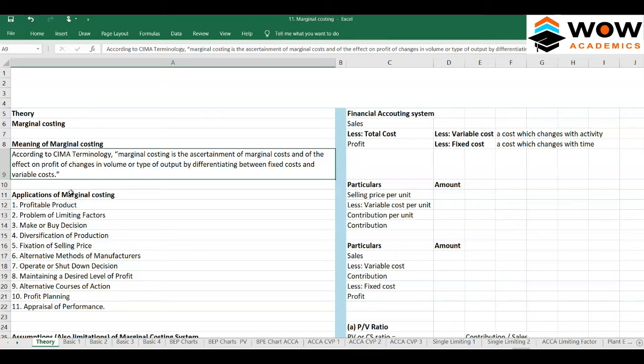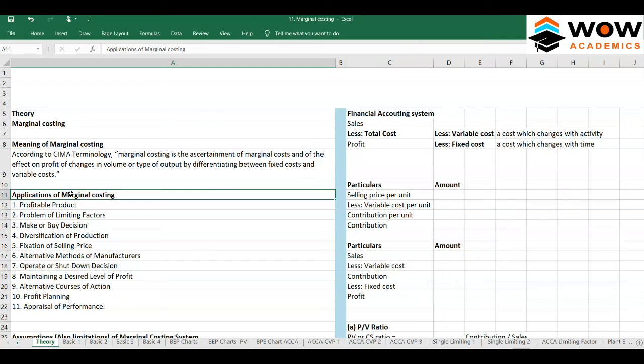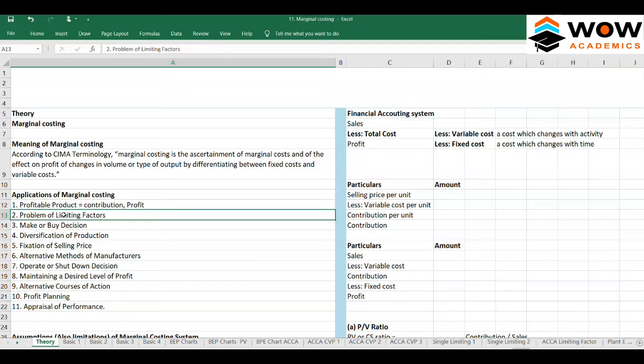You could apply this concept in a wide variety of things, to find out the profitability of products, where you divide it into the contribution it gives and the profit it gives. You can also think in terms of limiting factor, which we'll see in this chapter. Make or buy decisions: assume that you have two or three products.